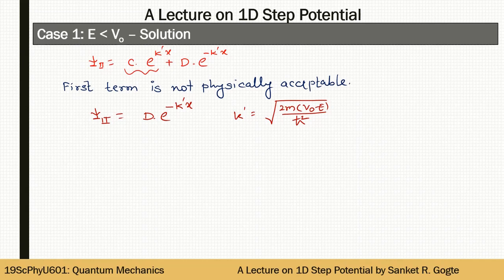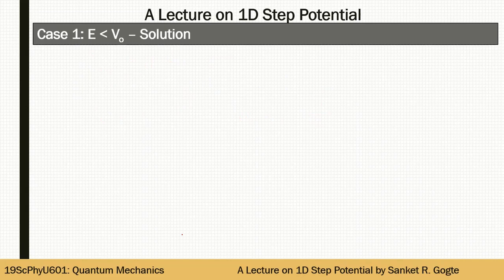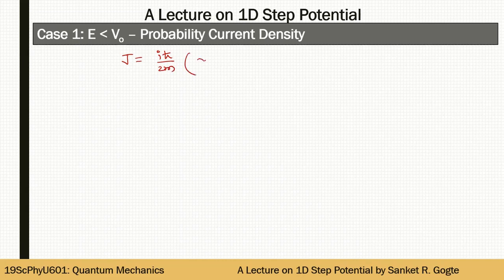Okay, so how do we interpret these solutions now? To interpret these solutions, I want you to recall a concept that we have previously discussed, probability current density. We denoted it by J, and for the one dimensional case it is i h cross by 2m into psi into d psi star by dx, where psi star is the complex conjugate of psi, minus psi star d psi by dx.